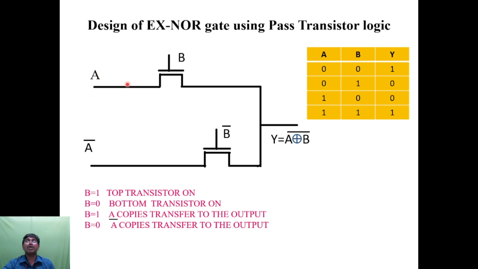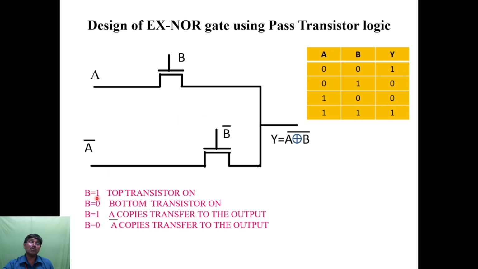When A is equal to 1, 1 will be transferred. So this is about the design of XOR gate using pass transistor logic. By using pass transistor logic, you can reduce the number of transistors, decrease the delay, improve the speed, and reduce power consumption.